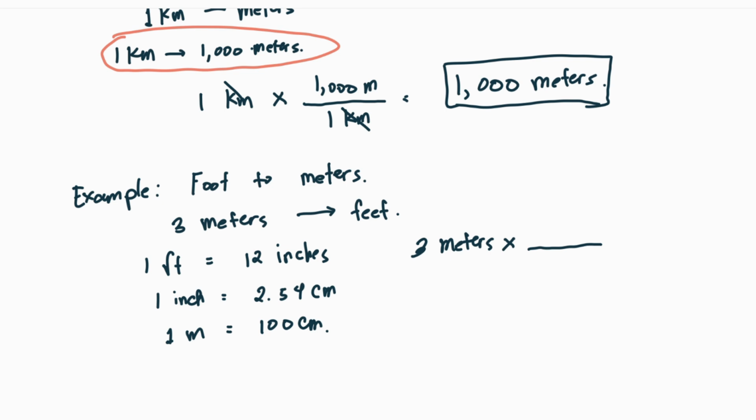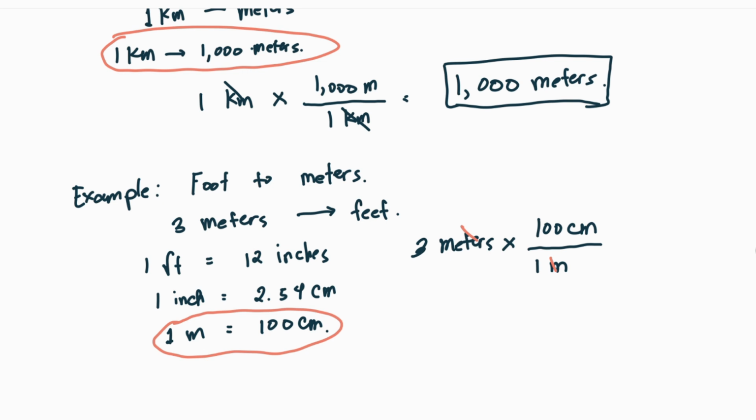So therefore, I'm going to use this conversion factor here and the last one, in which 1 meter is equivalent to 100 centimeters. So if I'm going to calculate this right now, this will become 1 meter is equal to 100 centimeters. So in this way, I would be able to cancel the meters unit.